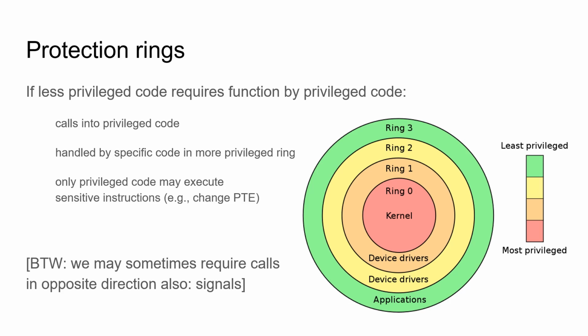And if the ring 3 code has a signal handler installed for this, it will be executed. And after the signal handler is executed, you basically go back, and the kernel will make sure that the process continues at exactly the same place where it was interrupted.